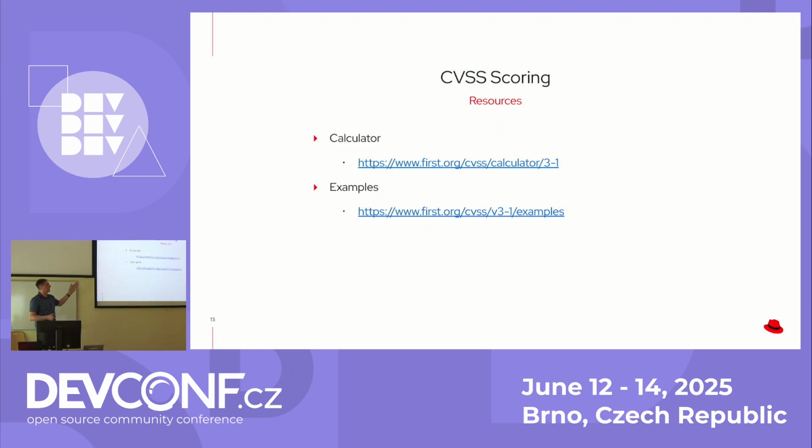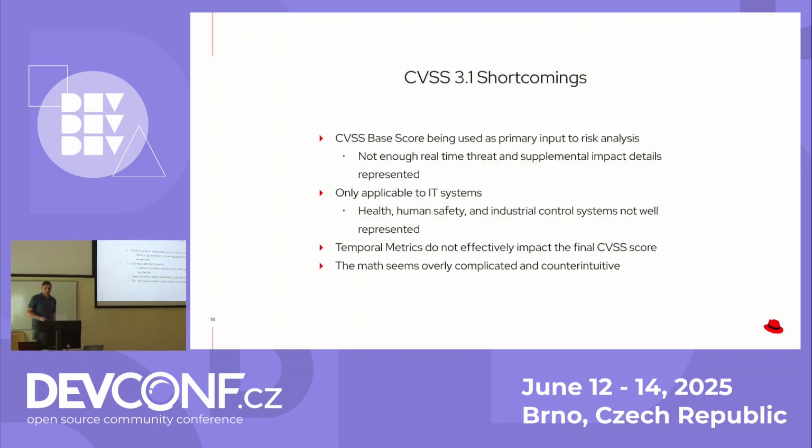But you can also find a lot of examples there for existing CVEs with a description, and then an explanation of how people evaluated that description to actually score a particular vulnerability.